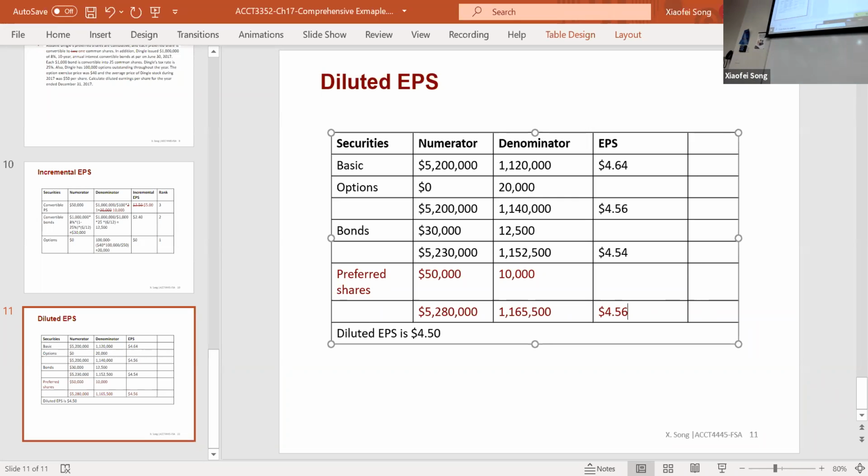Just let me confirm that. I think that's what it is. Yes. No, let me see. 5280 divided by 1165.1.